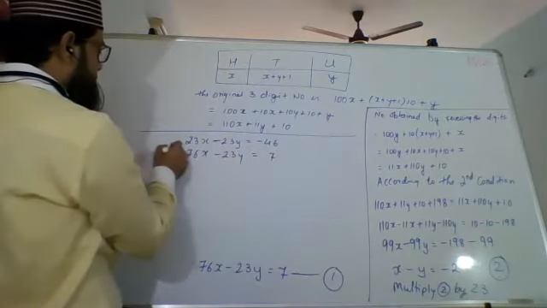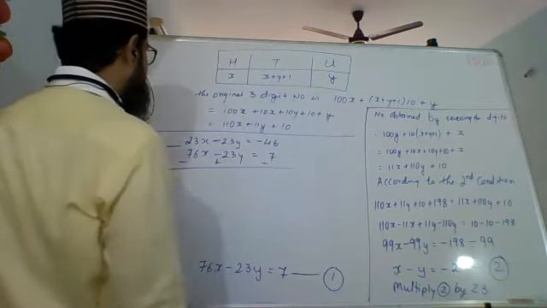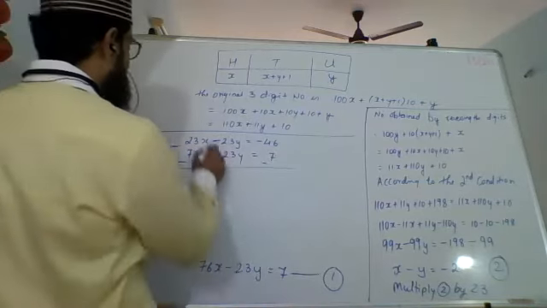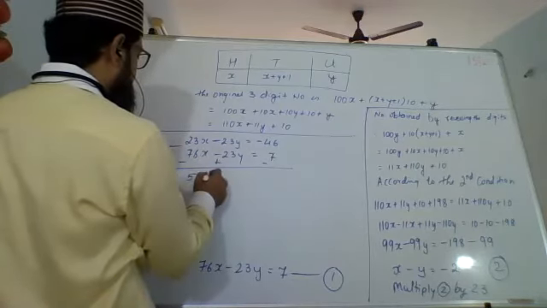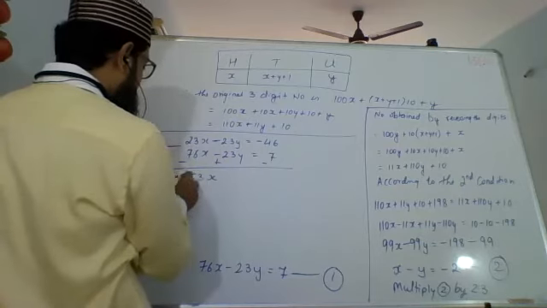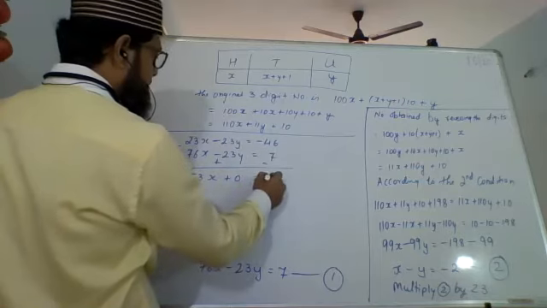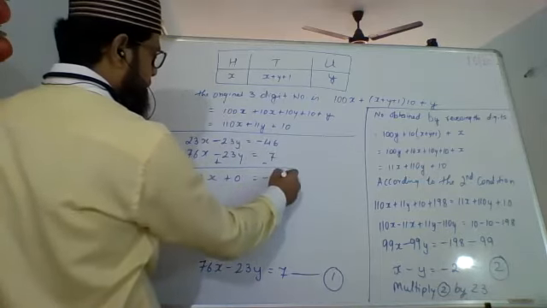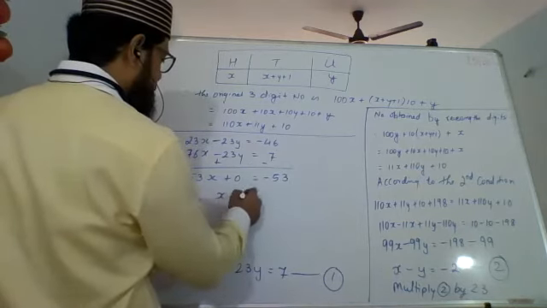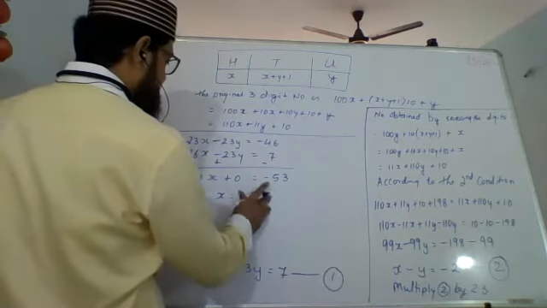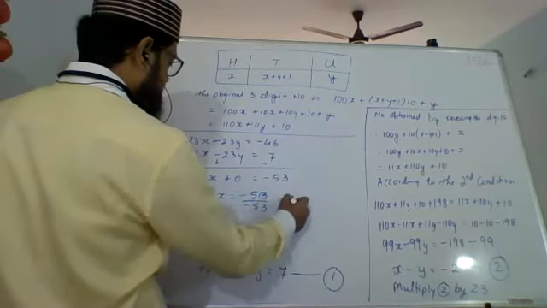Since both of them have the same sign, I'm going to subtract. So 76 minus 23, 53x with a minus sign. This will cancel. Minus 53. Are we clear? Therefore, x equals minus 53 upon minus 53.